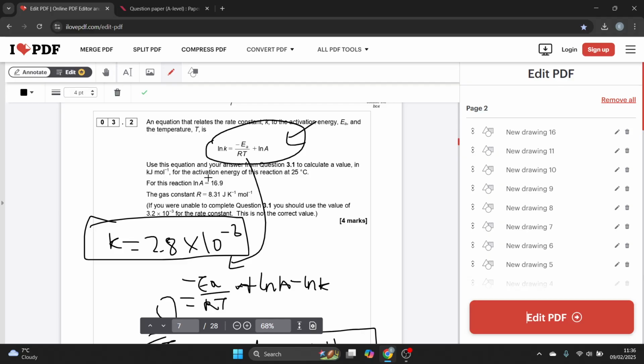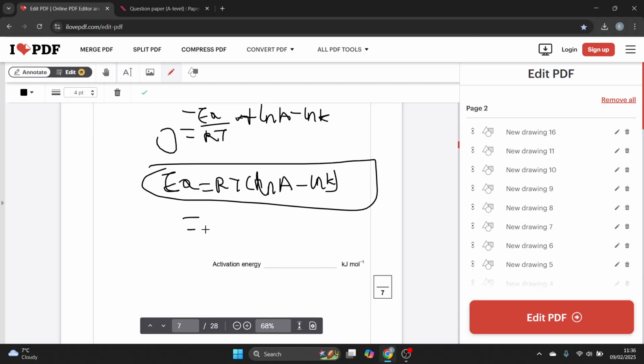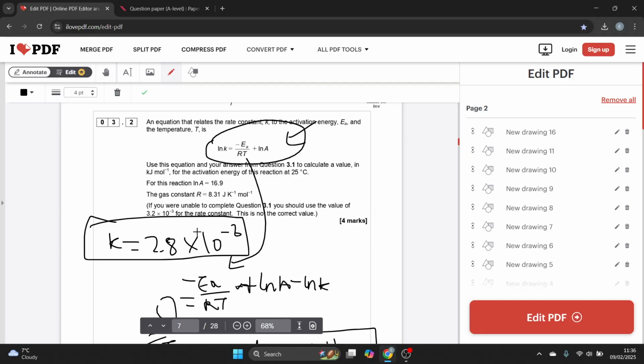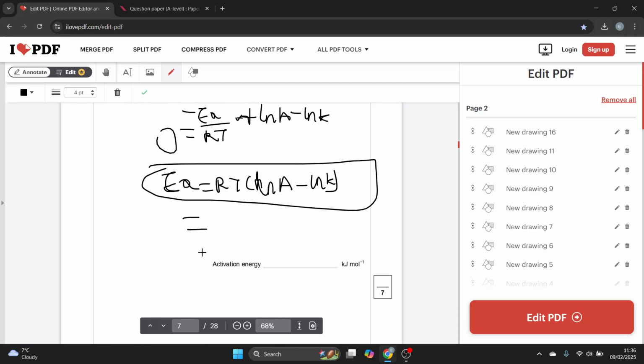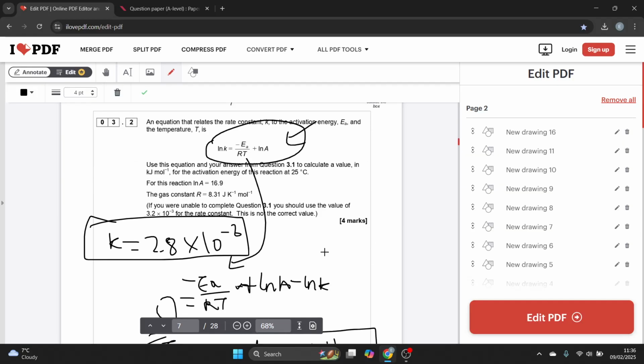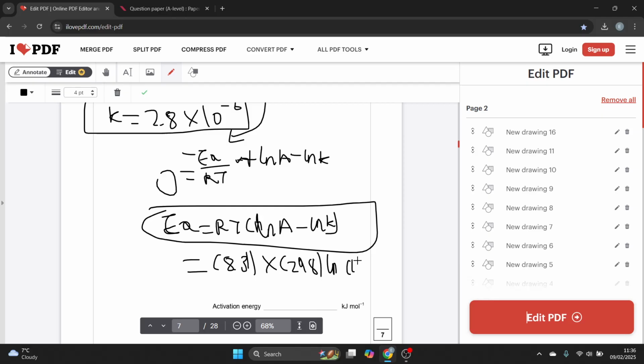And I'm trying to obviously find the activation energy. So it's going to be RT, well, R is 8.31 times by temperature, which I want in Kelvin, which is 25 degrees Celsius, so 298 Kelvin, bracket ln A, which is 16.9, minus ln K, 2.8 times by 10 to the power minus 2.